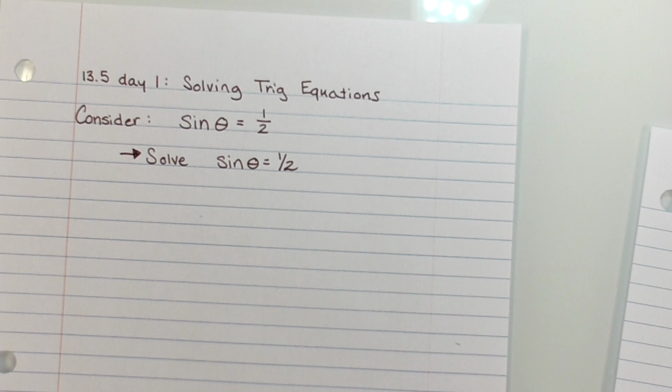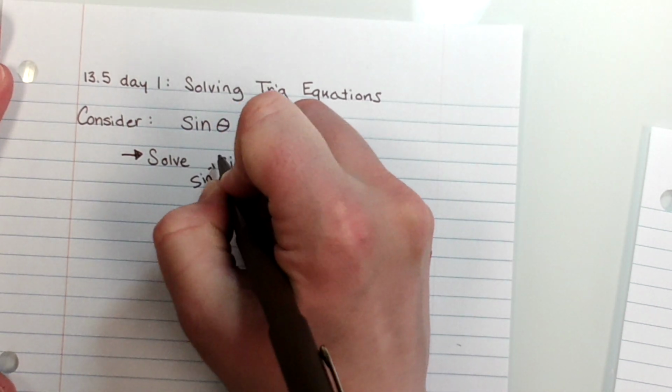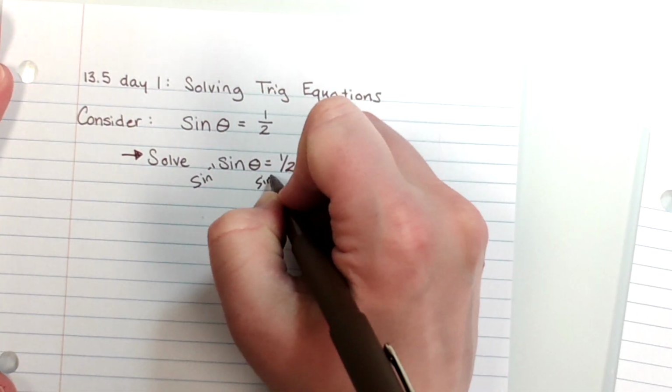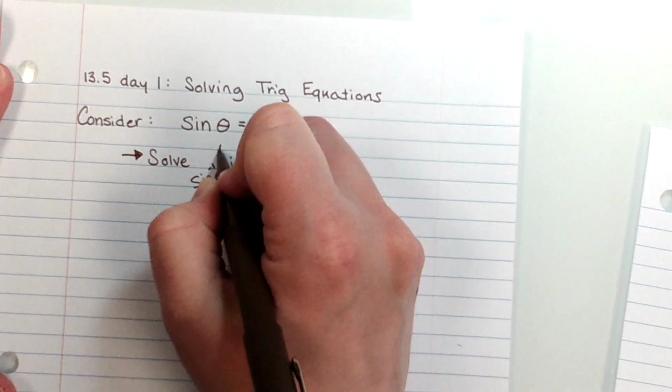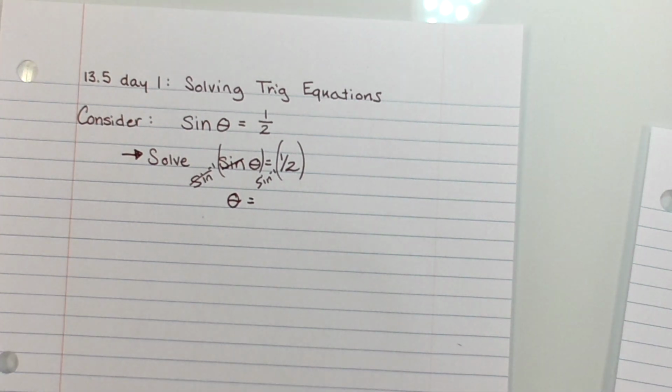How do we find theta when you have an equation that looks like this? Not divide sign. How do you? Sine inverse. Sine with the little -1 that we put in front of things. Gets rid of sine. Cancel, cancel. Theta ends up being equal to what?